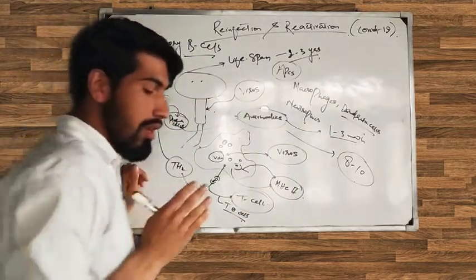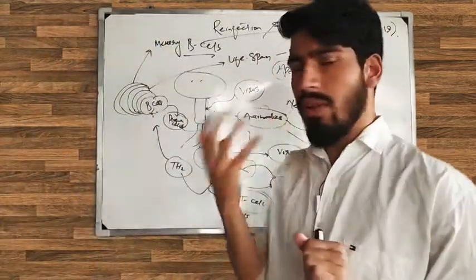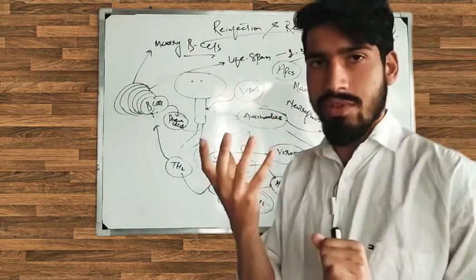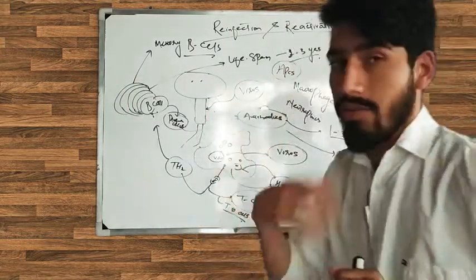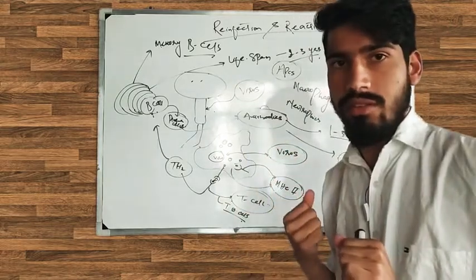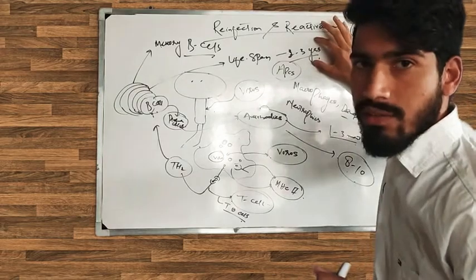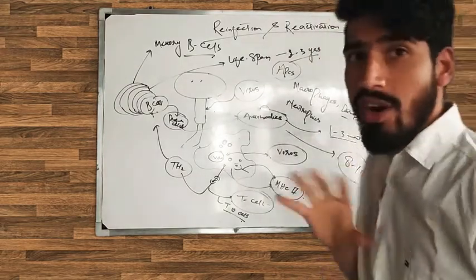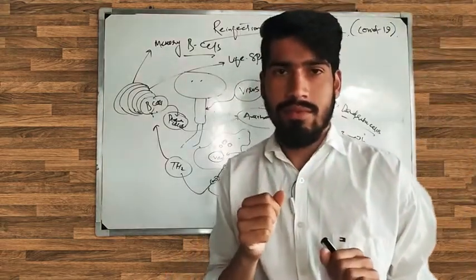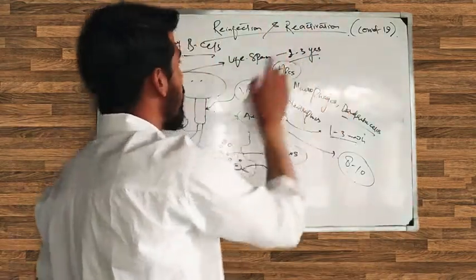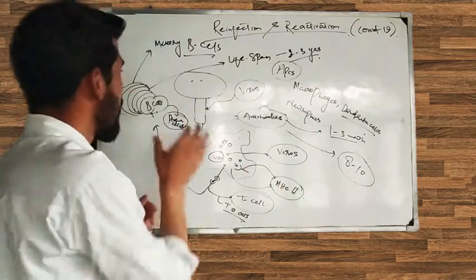Actually, when the SARS-CoV first outbreak happened in 2003, these memory cells remained 2 to 3 years. But in COVID-19, we cannot yet say the lifespan of the B cells.